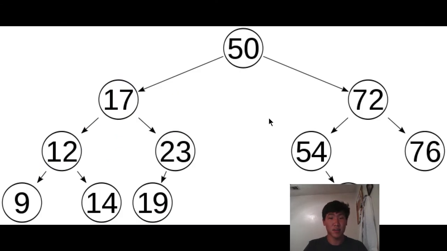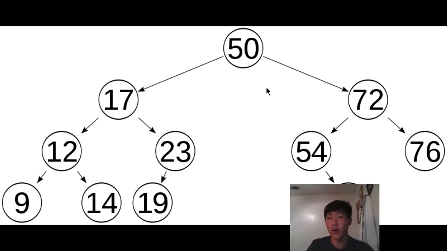So here is an example of an AVL tree. If you look, it's the classic scenario of the binary search tree where the smaller numbers go on the left, larger numbers on the right. However, if you look on the left side of this 50, the height of that subtree is 1, 2, 3, which doesn't differ by more than 1 from the height of its other subtree, which has a height of 1, 2, and 3.